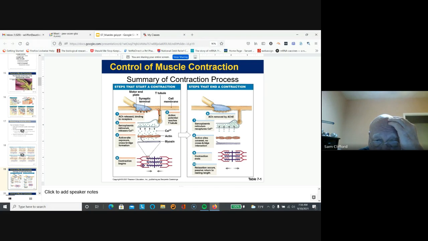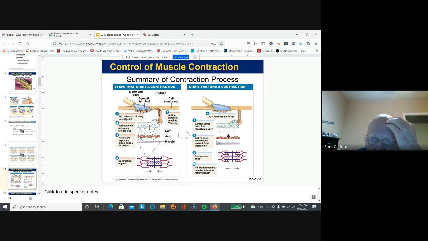The muscle uses the actin fibers. Remember that there are actin filaments that are attached at the Z line, and the muscle shortens. So then, as soon as the muscle contracts, acetylcholine is broken down. The channels close back.